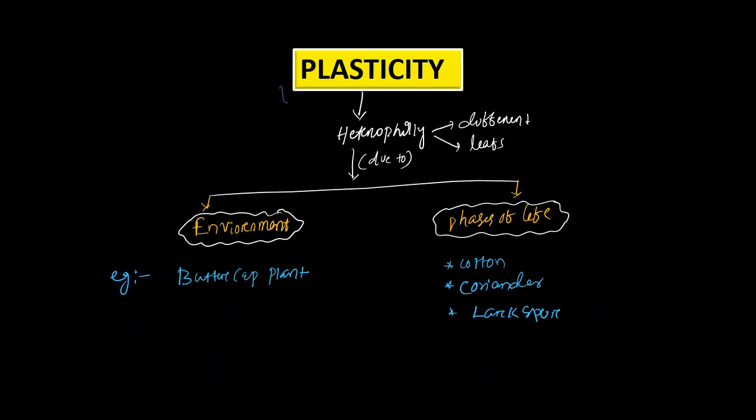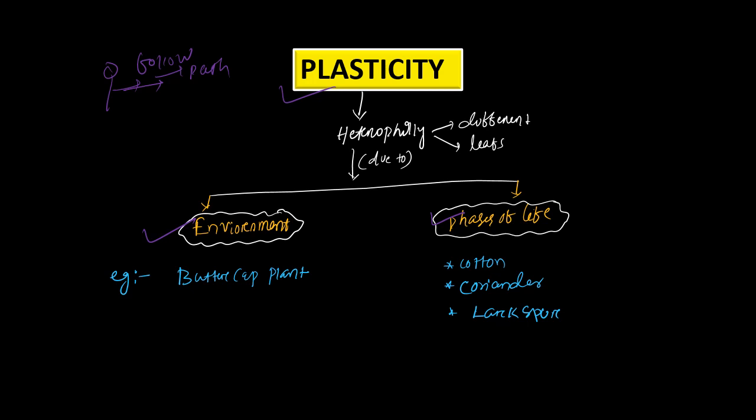Next, another concept is called plasticity. Let's consider this is a plant. The plant follows different pathways, maybe due to environment or phase of life, that affect the structure of the plant in different ways.